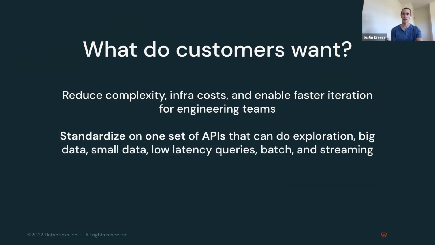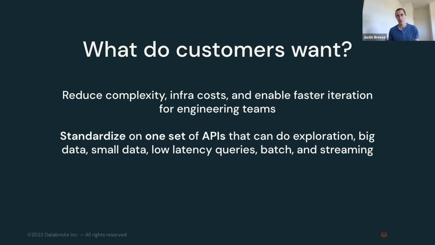A way to do that, at least our point of view, is to standardize on a single set of APIs, so that you can do exploration on big data, small data, low latency queries, batch, streaming, and even featurization for ML workloads. Standardizing on one set of APIs helps reduce complexity and infrastructure costs, and enables faster iteration.